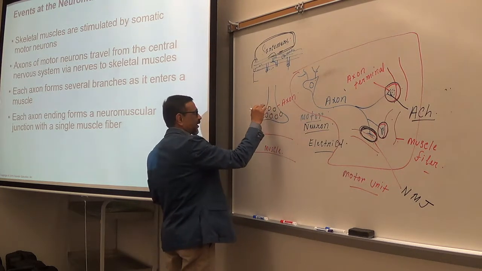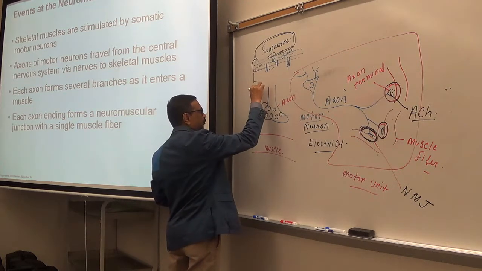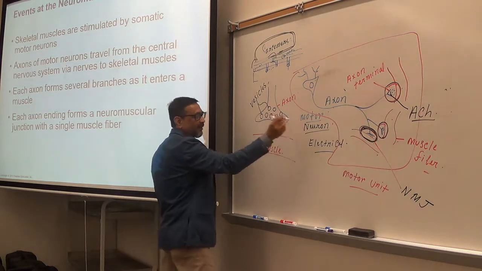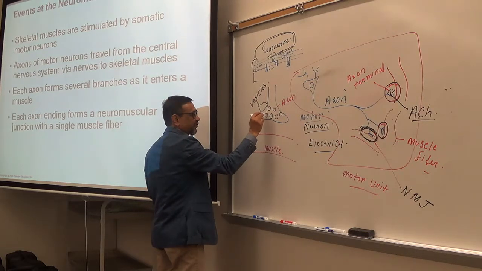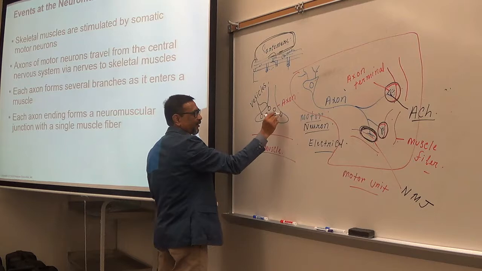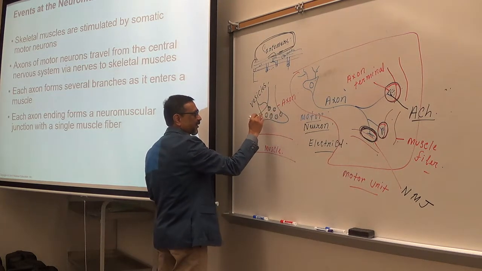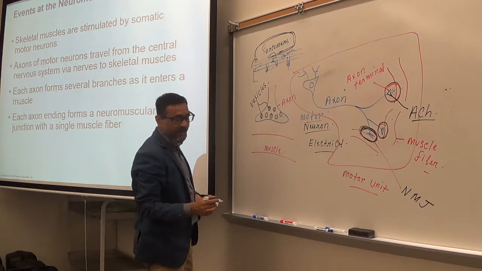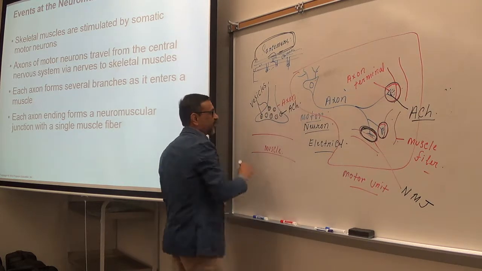You already know vesicles. These are vesicles filled with that neurotransmitter acetylcholine or ACH. So these vesicles are located in the axon terminal, and these vesicles are filled with a neurotransmitter that is called ACH, acetylcholine.